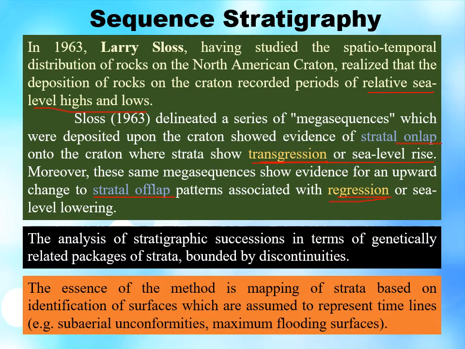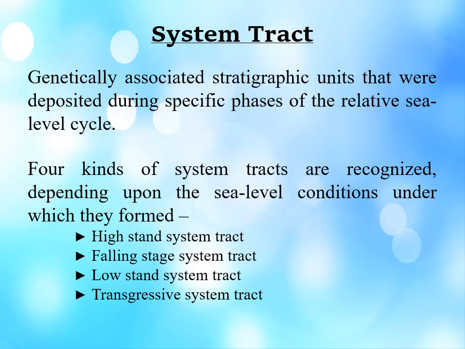So Larry Sloss is the first pioneer who identified that the sedimentation record is changing with respect to sea level changes. Now, four kinds of system tracts are identified or recognized depending on the sea level conditions.